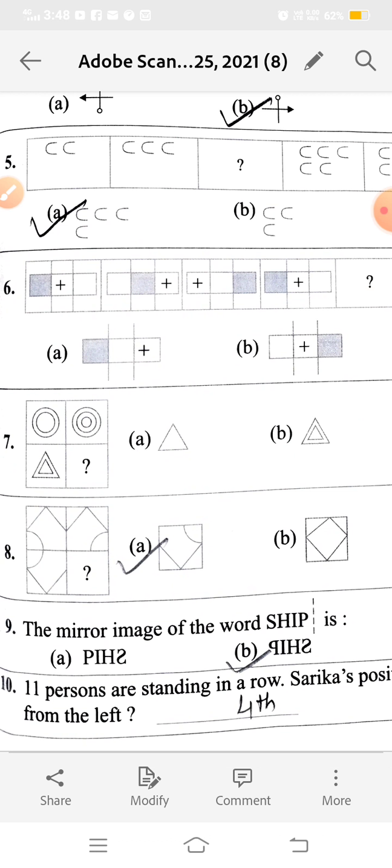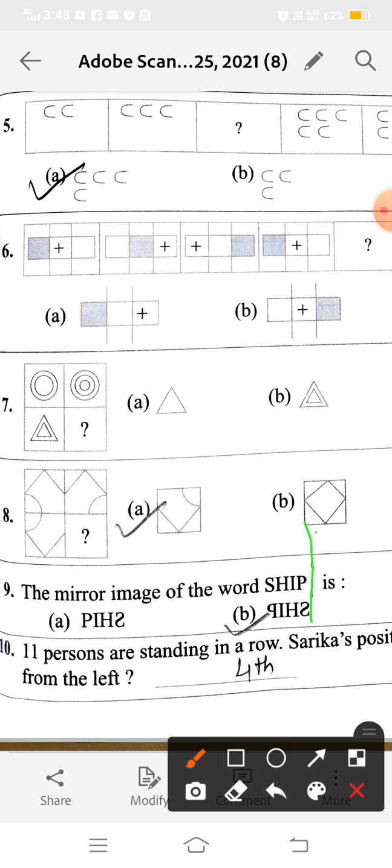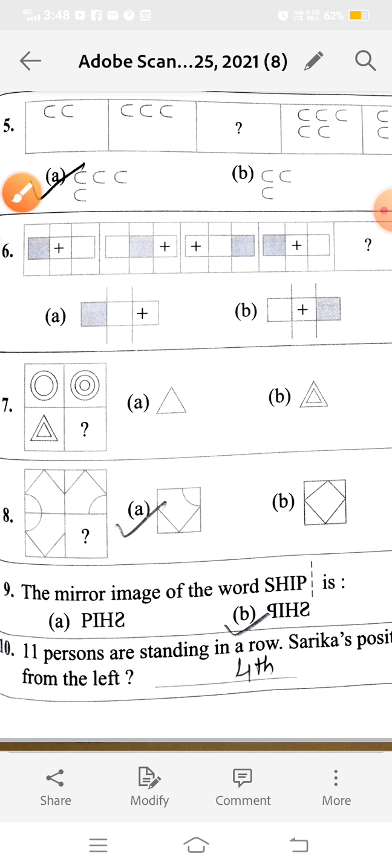I have explained in our last video also in the mirror image how you have to do this question. You have to put the mirror here, on this line. And you have to see which shape is coming here, and tick the correct option.